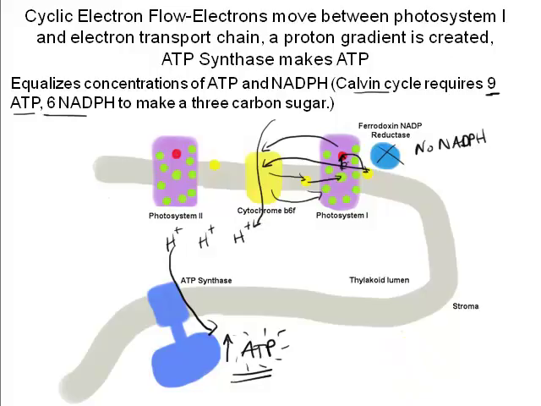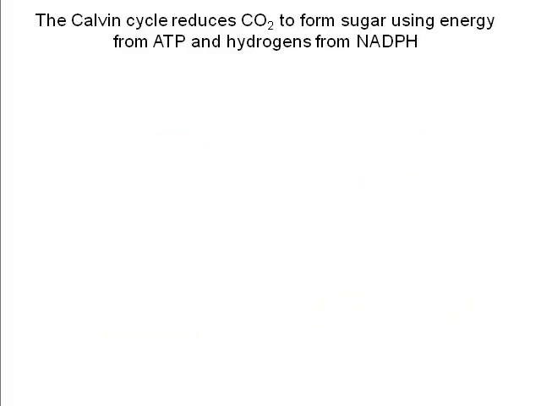Okay, so now that we've seen how the light reactions capture sunlight energy and convert it to chemical energy in the form of the energetic compounds ATP and NADPH, let's see how that energy gets used to produce sugar. The Calvin cycle enzymatically captures or fixes carbon dioxide to make a 3-carbon sugar, but it's important to understand that a 3-carbon sugar is not produced by taking 3 carbon dioxide molecules and somehow sticking them together to make a 3-carbon compound.